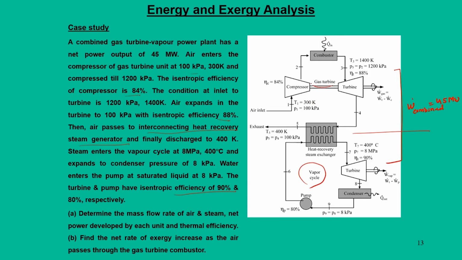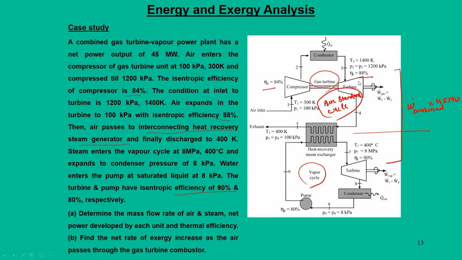And for gas turbine units, we need to look into air data, because we have to assume it as an air standard cycle. So, based on this air standard cycle, we can think of a modified Brayton cycle, or in fact an ideal Brayton cycle. Of course, it should be a non-ideal Brayton cycle, because we have efficiencies in the picture.